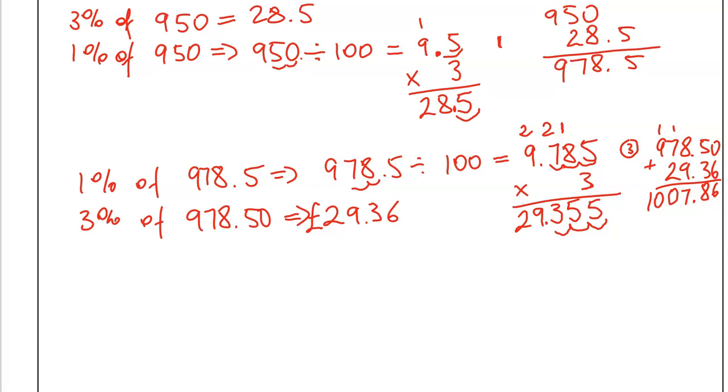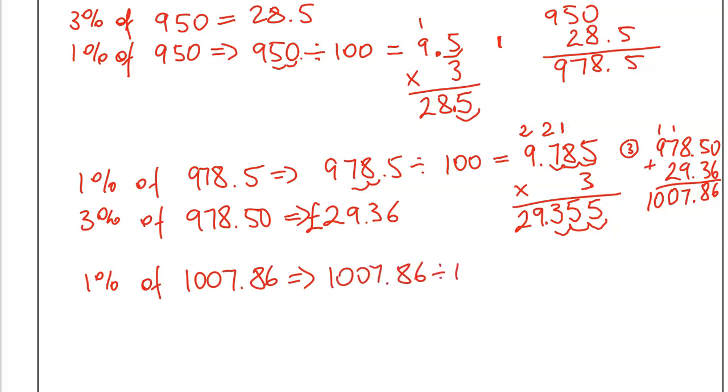So now we need to work out 3% of 1007.86, but first, as we said, 1%. So 1% of 1007.86: 1007.86 divided by 100, again moving the decimal point 2 places to the left, means that we're going to get 10.0786.